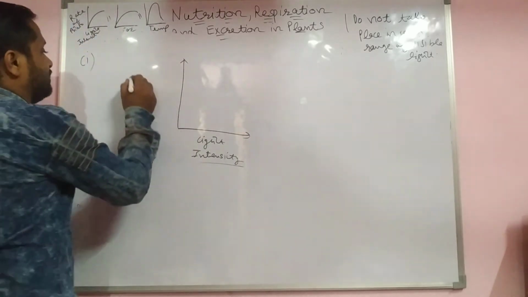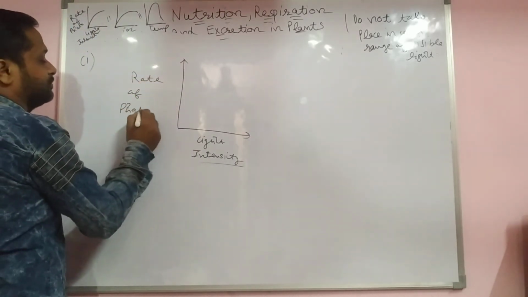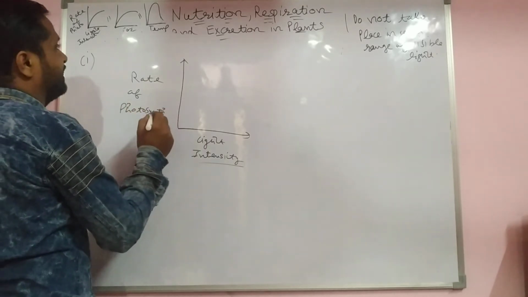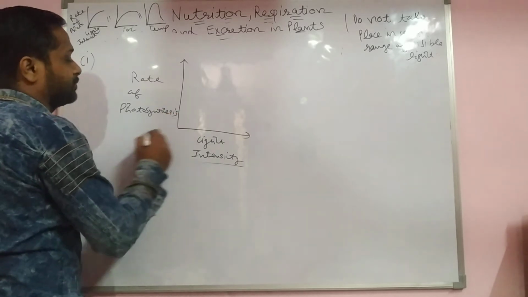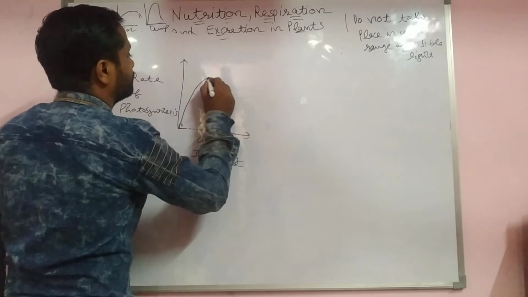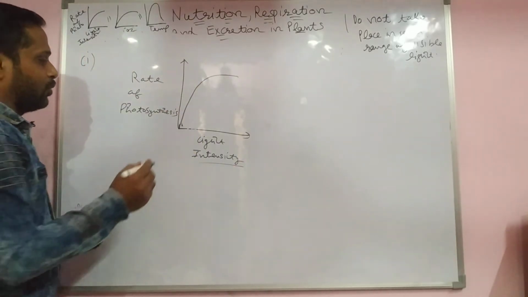Keep in mind, students, rate of photosynthesis. Yes, the graph is like this, students. What does it mean?